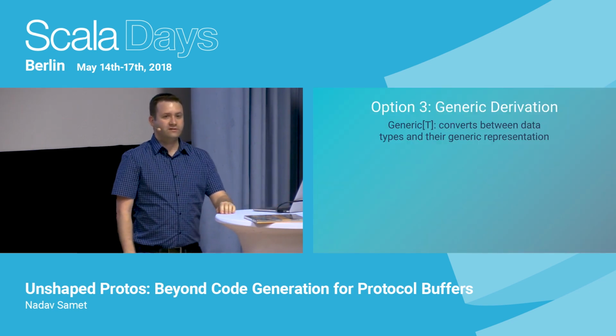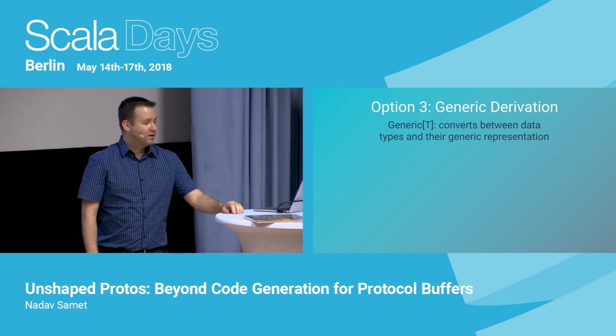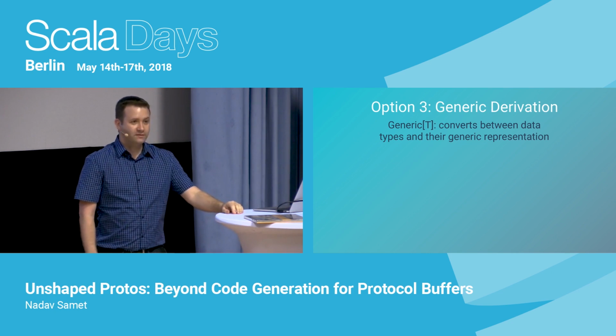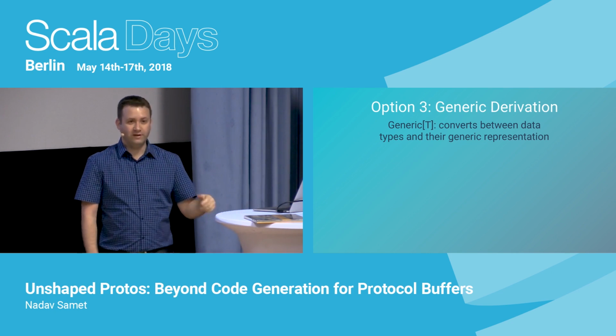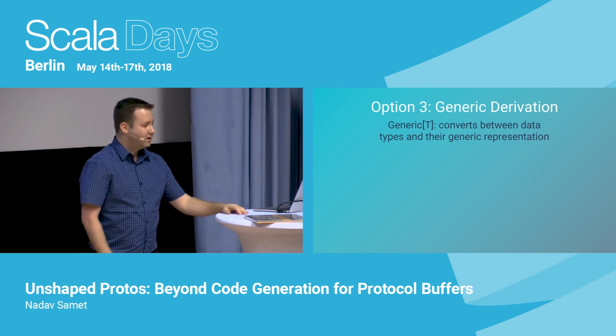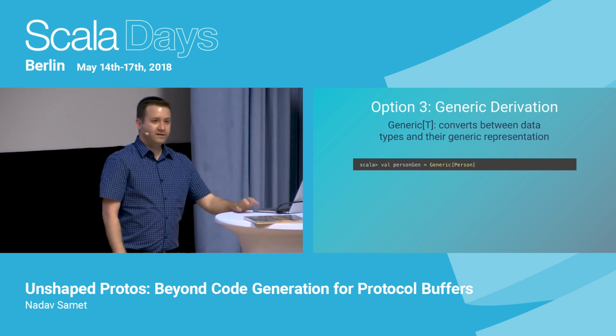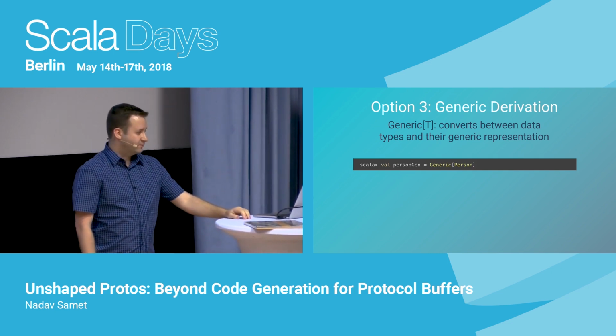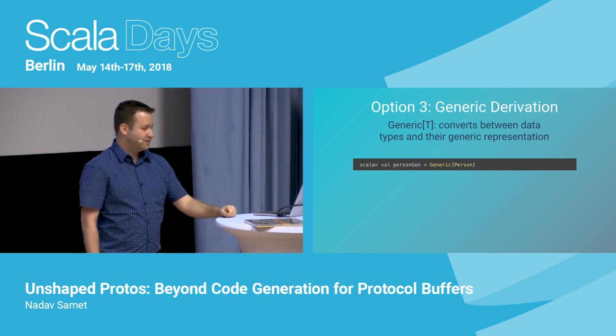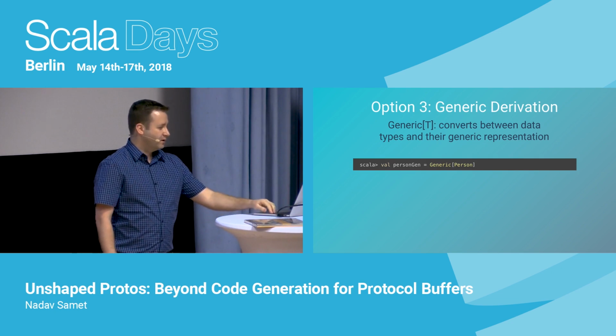The second advanced topic is Generic. Generic is a type class that knows how to convert between data types, like case classes, to their generic representation. Here is an example of what it does. Here is where I instantiate a Generic of a Person.